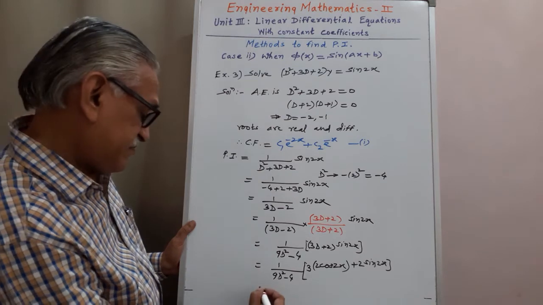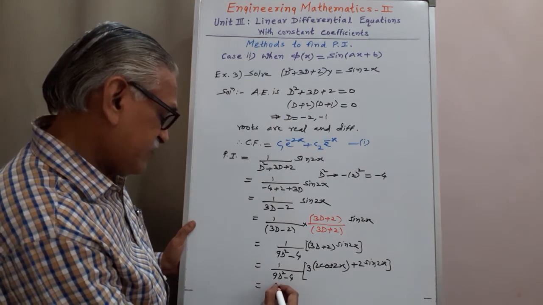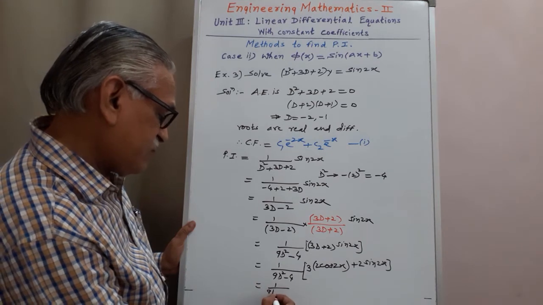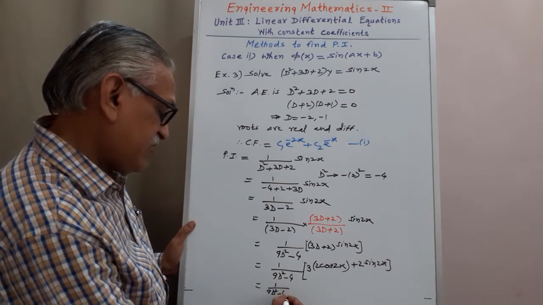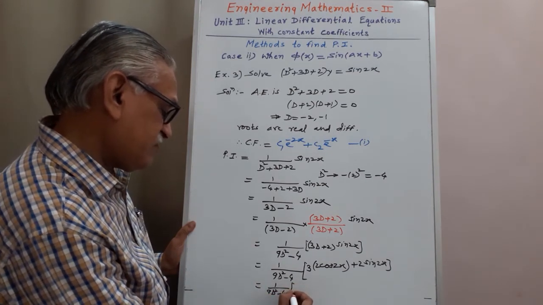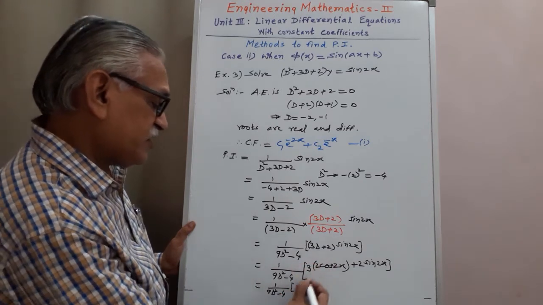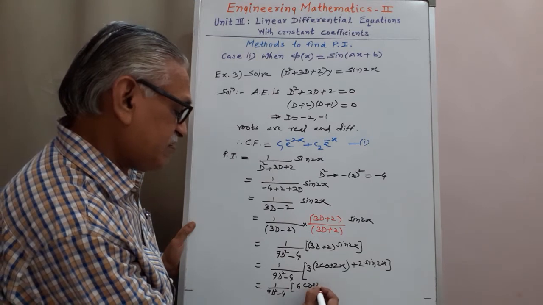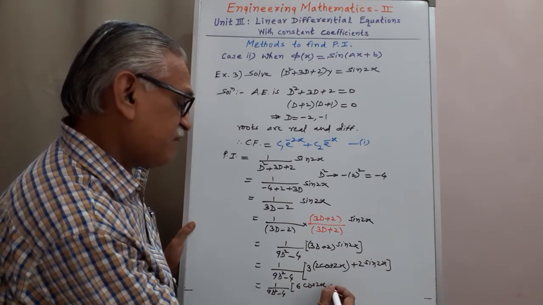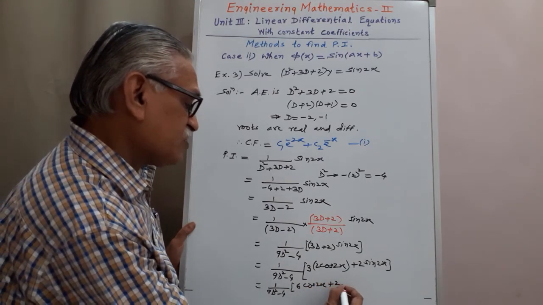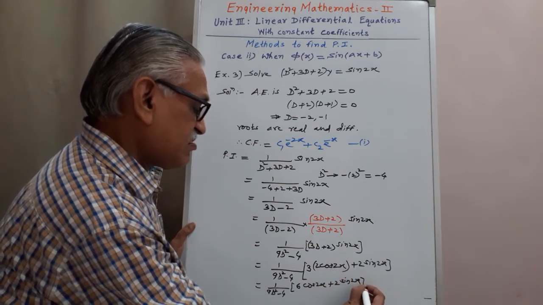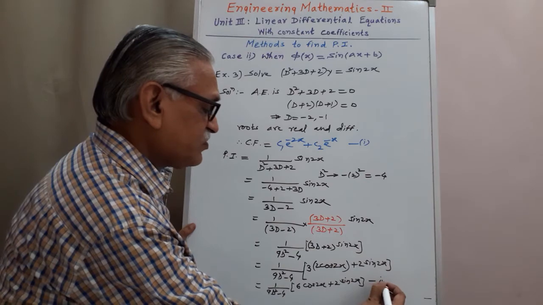We get 1 upon 9D square minus 4 into 6 cos of 2x plus 2 times sine of 2x. We call this equation 2.